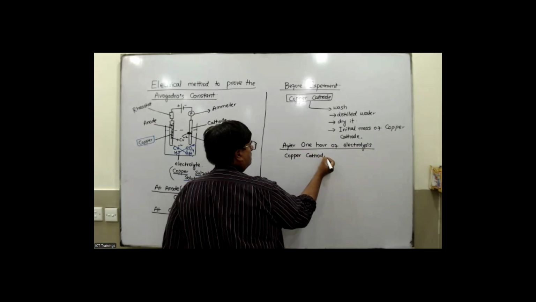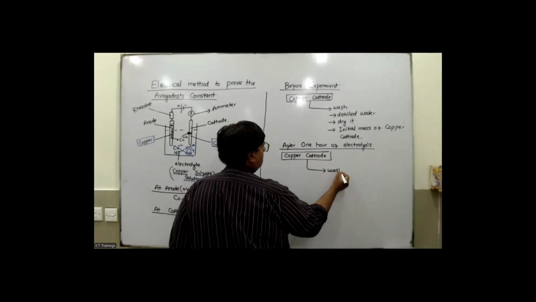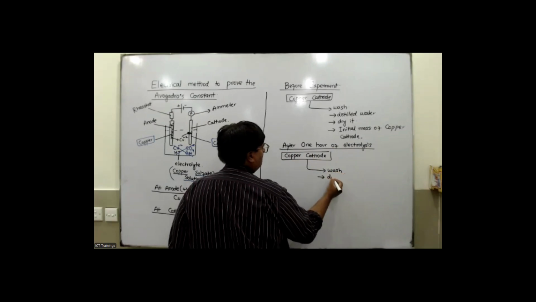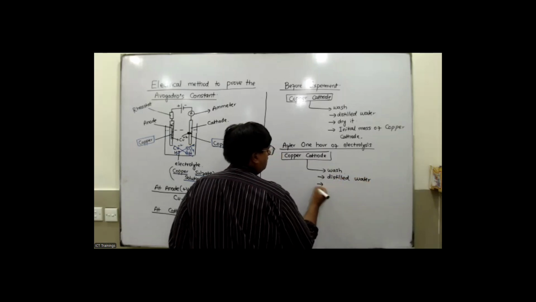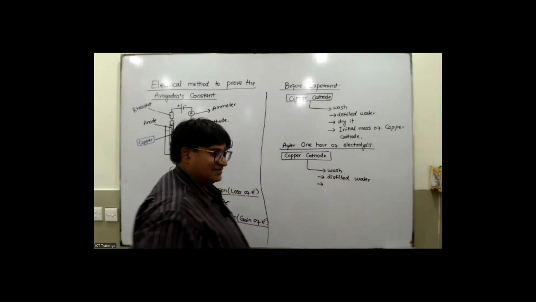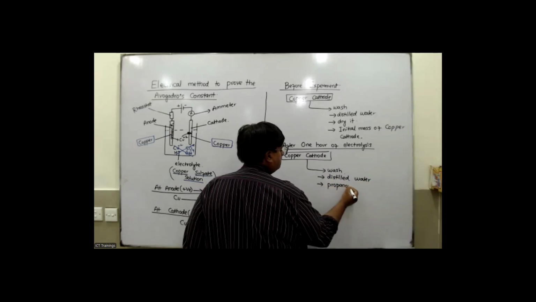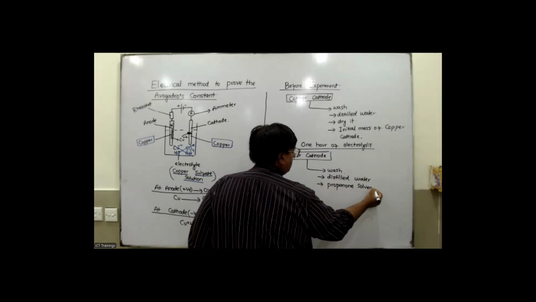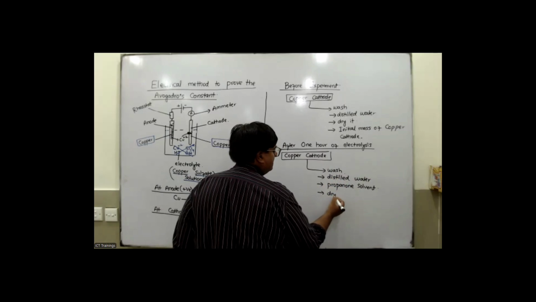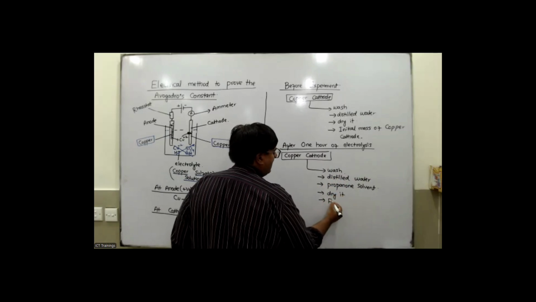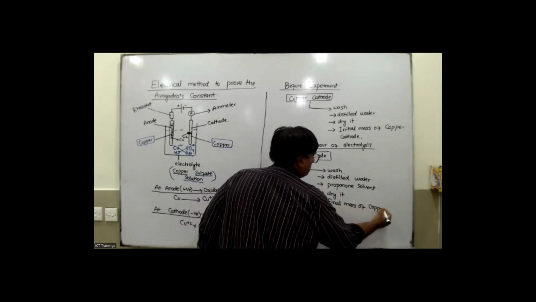Then you have to wash it with distilled water first of all, and then wash it with propanol solvent, and then dry it, and then take the final mass of the copper cathode.